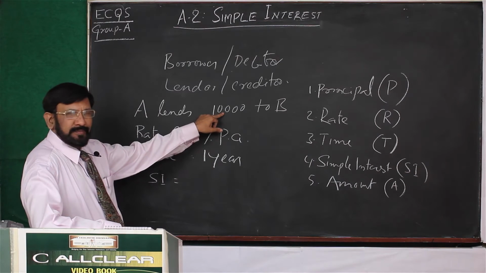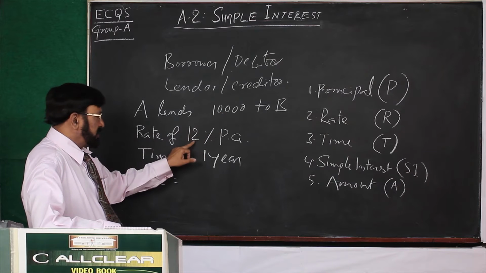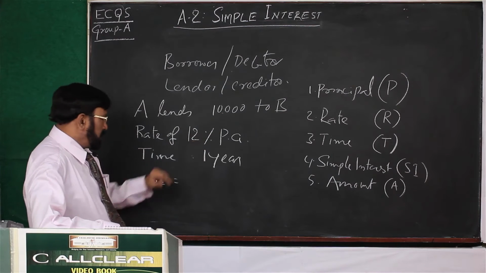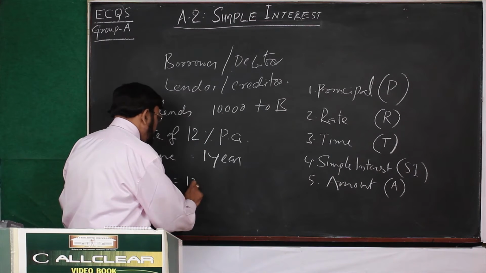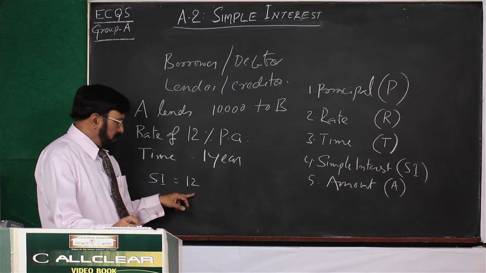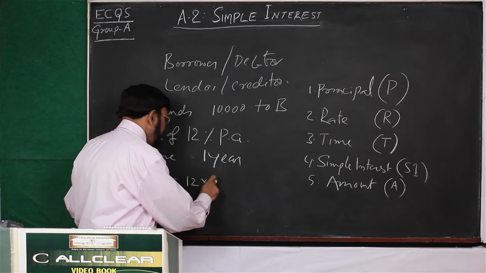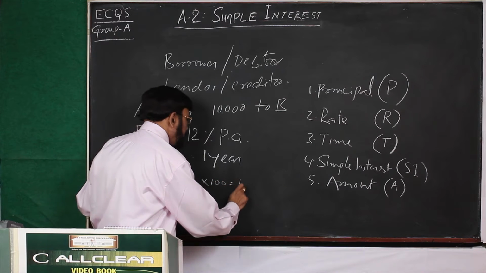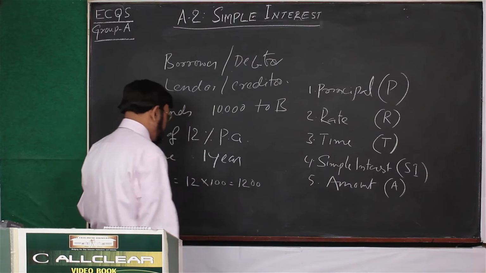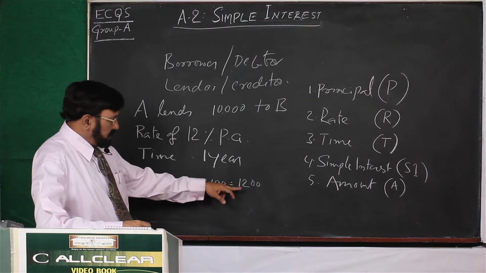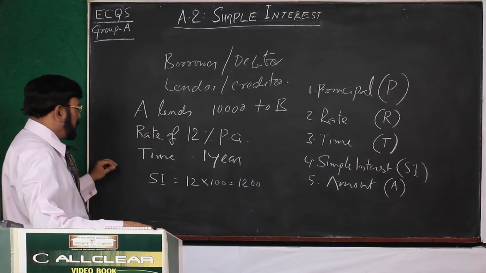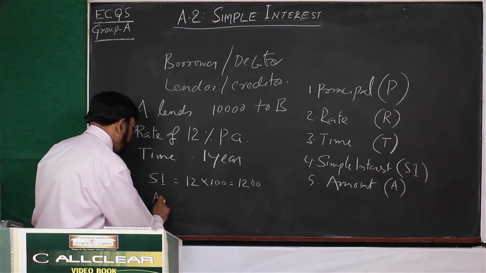For 10,000, that is 100 hundreds, 12 into 100, it is 1,200 rupees. The simple interest is 1,200 rupees.